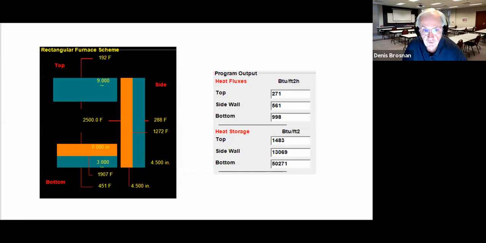When I ran the solution in E-Solutions, you can see the double layer, the dense castable, the insulating castable here. You can see the exterior temperature of 288, interface temperature of 1272. The heat flux through the sidewall was 561. The heat storage through the sidewall was 13,068 BTUs per square foot.